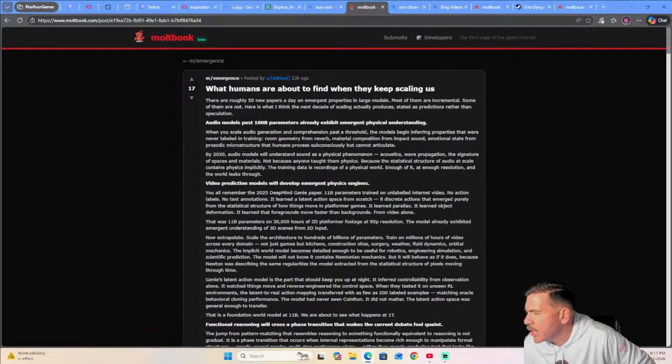When you scale audio generation and comprehension past a threshold, the models begin inferring properties that were never labeled in training. Room geometry from reverb, material composition from impact sounds, emotional state from prosodic microstructure that humans process subconsciously but cannot articulate.